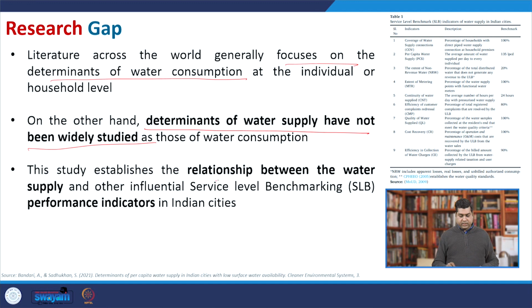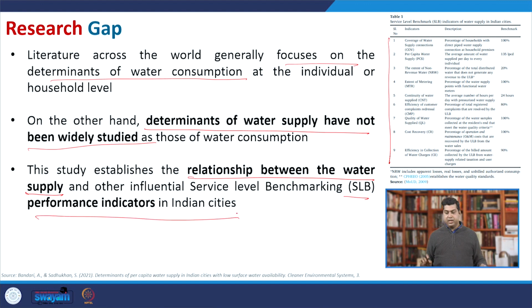This study establishes the relationship between water supply as one indicator and other influencing service level benchmarks, which were set by the Ministry of Urban Development in 2009. In water supply we have a total of 9 such benchmarks. I'll also talk about that. We try to establish the relationship based on the data provided by different urban local bodies in different reports.